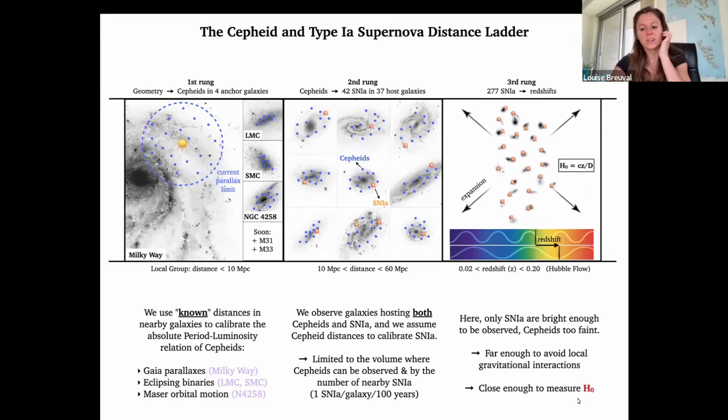However, it also has to be close enough because you want to measure H0, H today, and not H of z. So we try not to observe at too high redshift. So comparing the redshift and the distances of these supernovae gives an estimate of the expansion rate of the universe, H0. So we're going to talk about H0 and the Hubble tension, although you probably heard of it in previous lectures.